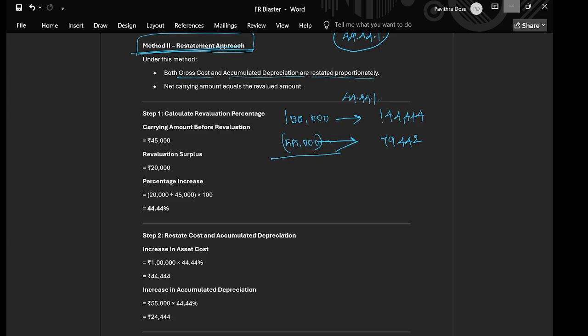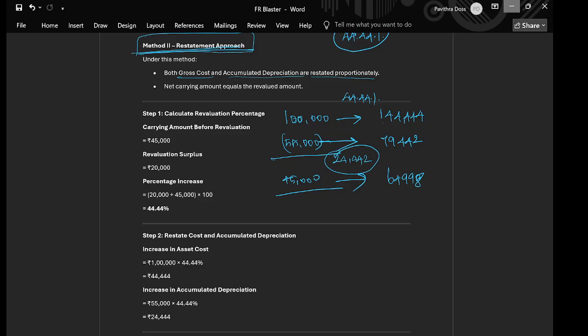Now let us also see by how much the jump is from 55,000. There's a jump of 24,442. Okay, so here they have done some rounding off, but this is the exact amount. Now 1 lakh minus 55,000 is 45,000 here. So here also there is going to be a jump of 44 percent, which means 45,000 plus 44.444 percent, there's going to be a jump to 64,998.